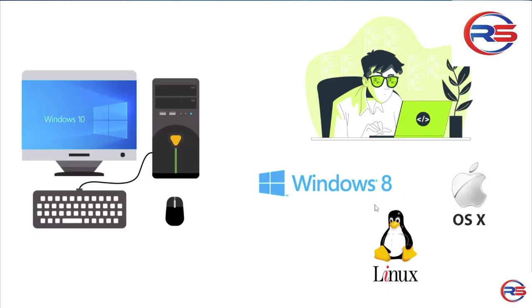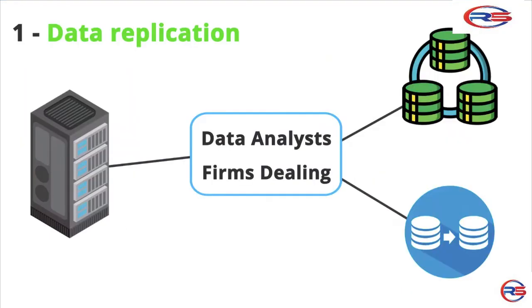But with the help of a hypervisor, I can make a Windows 8 virtual machine inside one laptop. Or if I need the Mac operating system, I can do the same inside my Windows machine. I don't have to buy a separate system.